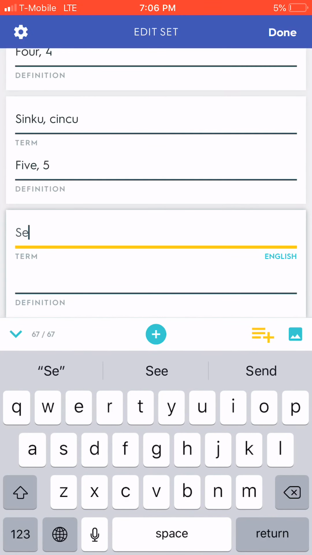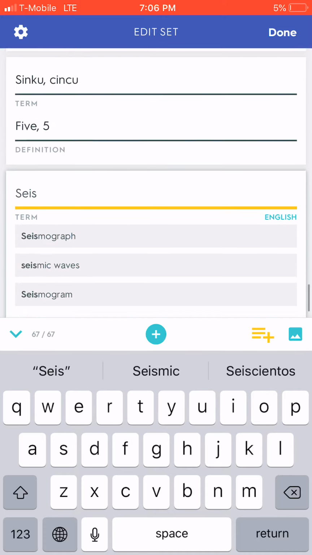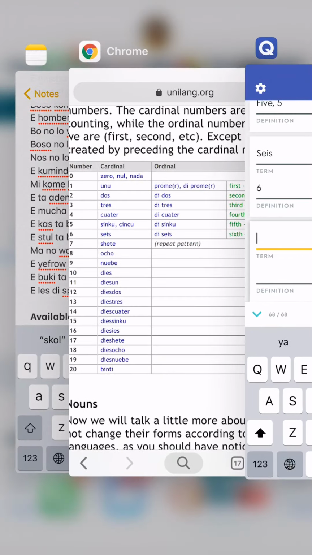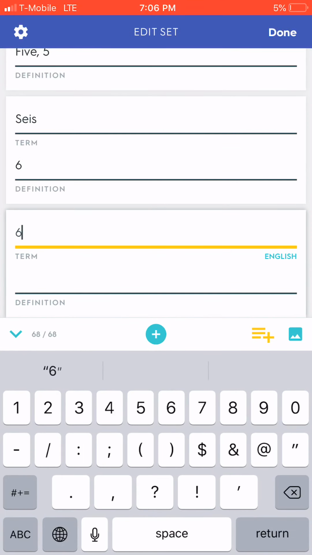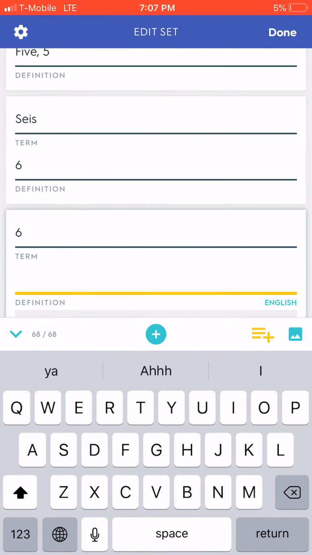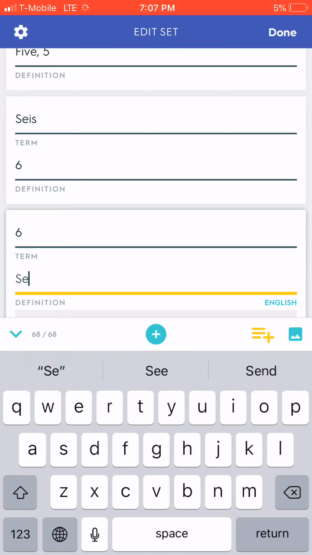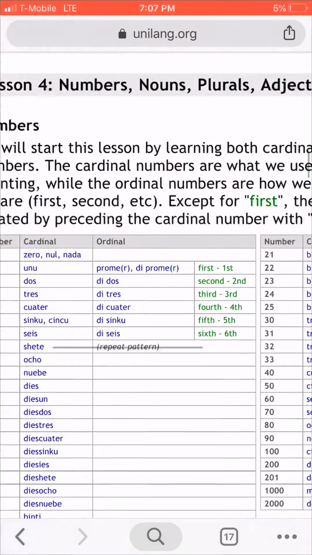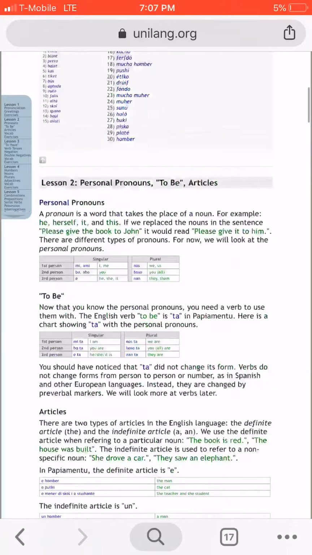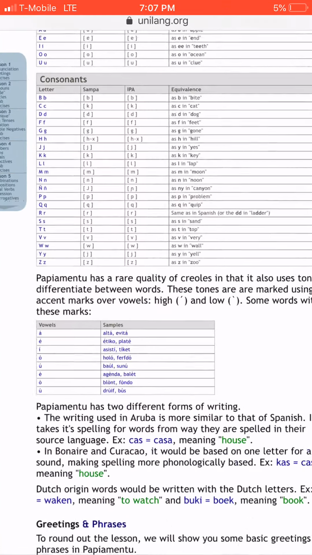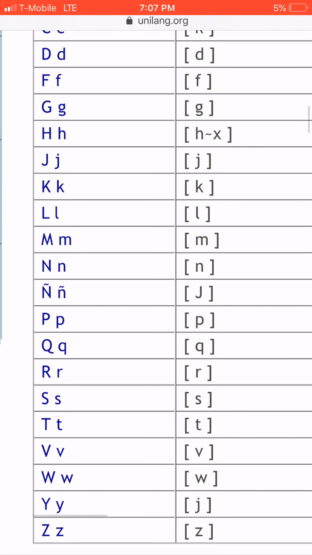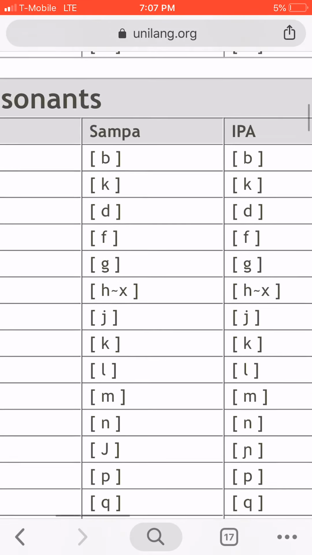6 is 6. 7 is not siete, as many people may think, or even, it's more similar to Portuguese. It's sete. I believe the H's are actually pronounced in this language, because basing everything on here, it says that the H here, and this claims it's IPA, right?